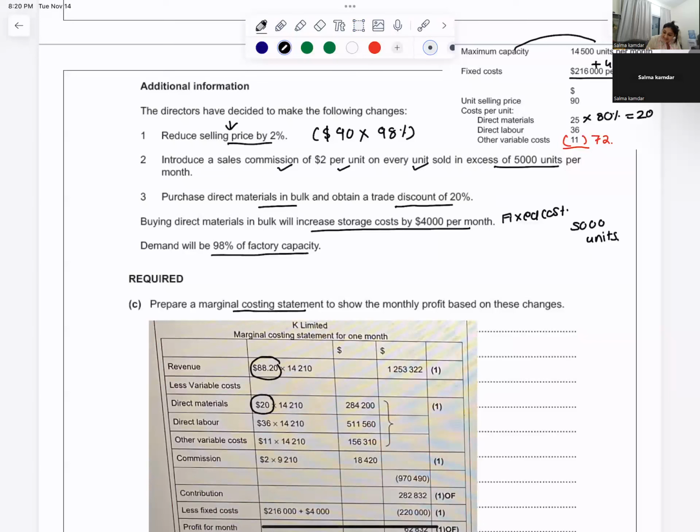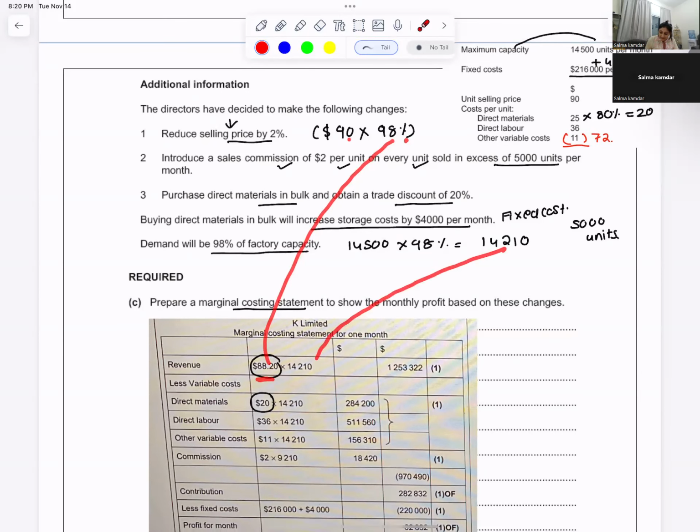Factory capacity is 14,500 units. So 14,500 into 98% is going to become 14,210. So when I take revenue, I calculated my reduced selling price at 88.20 multiplied by 14,210.